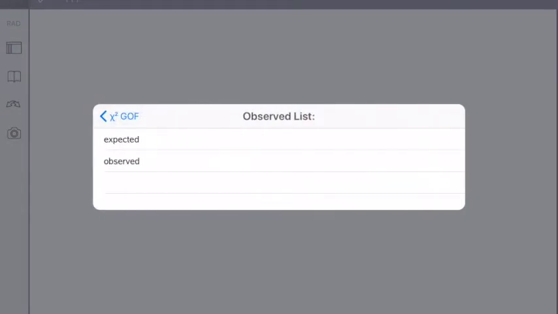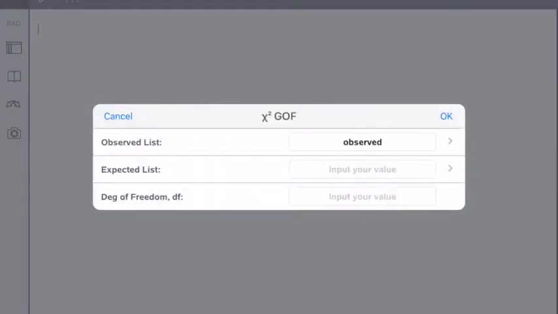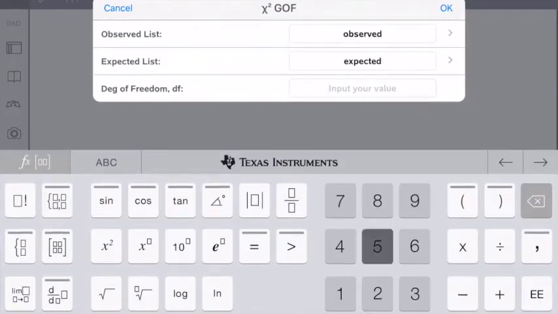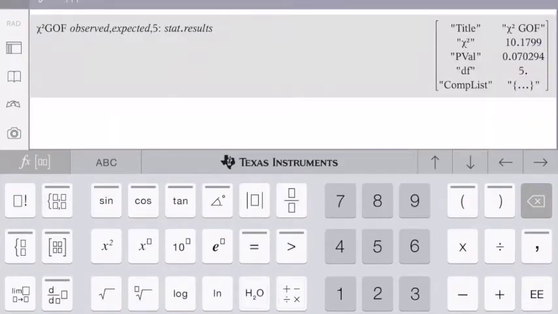Statistics, stat tests, chi-squared goodness of fit. So you can see that our chi-squared 10.179 was the same, and our p-value of 0.07 is exactly the same too. If we want the comp list, we can go to variables.